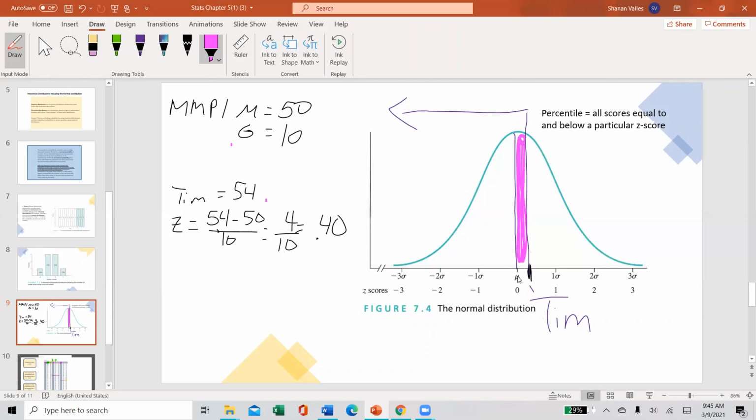Okay, there's a little hint. We're trying to find the proportion between the mean and a z-score. So it's like looking at the B column? Yes, that's exactly right. It's looking at the B column in our book.